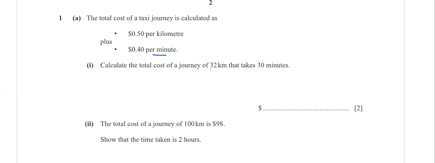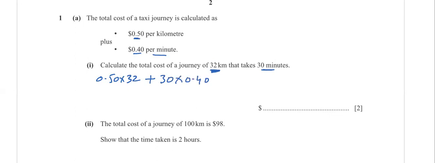So calculate the total cost of the journey of 32 kilometers that takes 30 minutes. What will be the cost for 32 kilometers? Per kilometer 0.50, so that will be 0.50 multiplied by 32, plus per minute is 0.40 and 30 minutes duration, so 30 multiplied by 0.40.